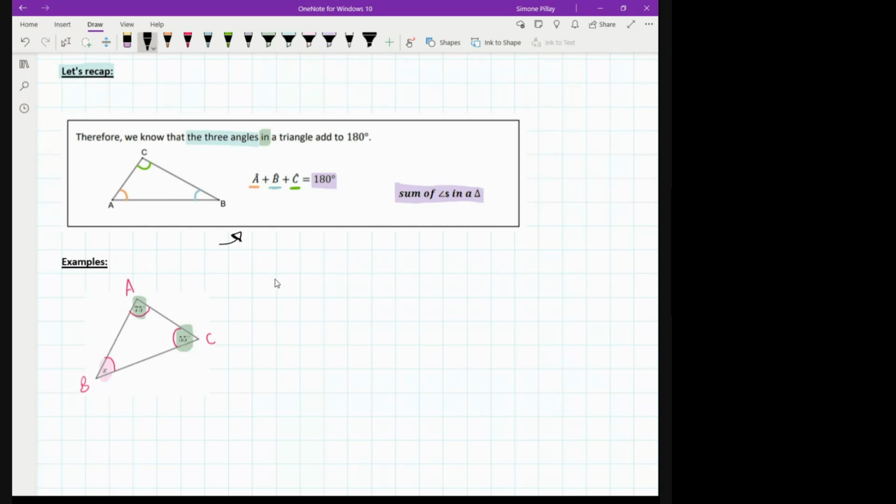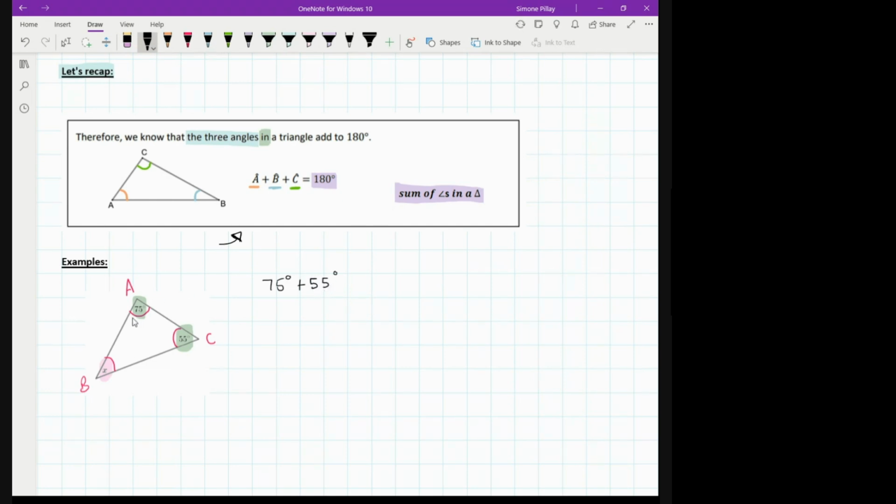So let's look at what that would look like. We're going to say 75 degrees plus 55 degrees. My fives always end up looking like sixes because I put the tail up so much, but it's a 5. Same with this one. This is a 5. I have to write that again. That is so ugly. 55.